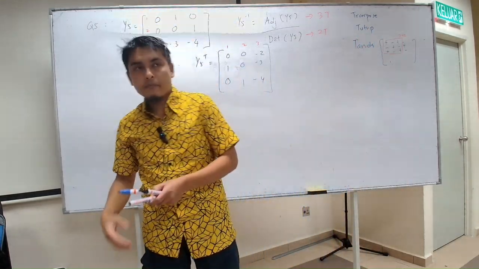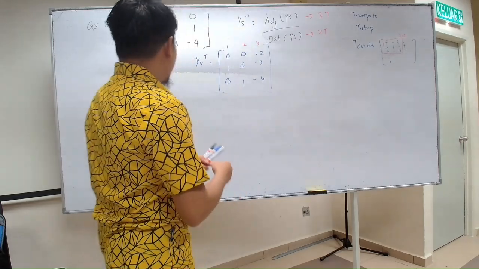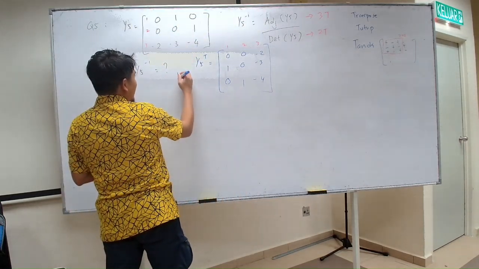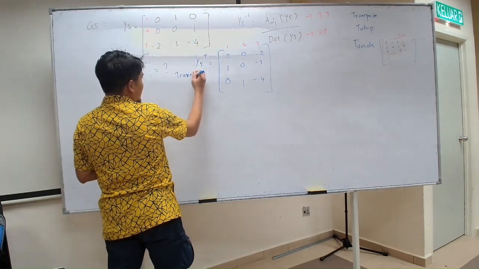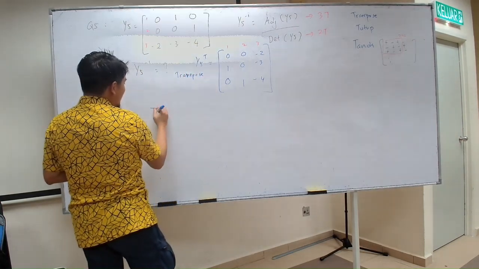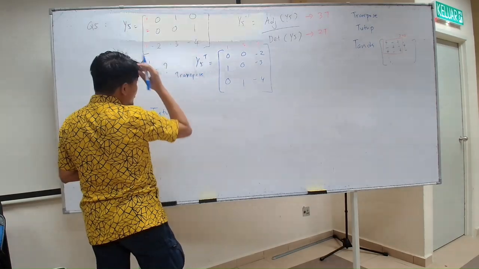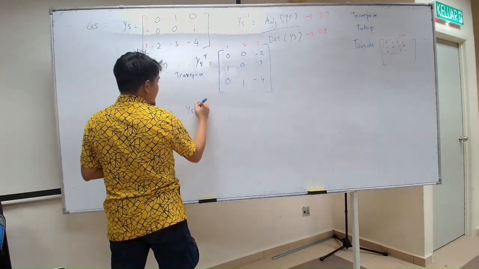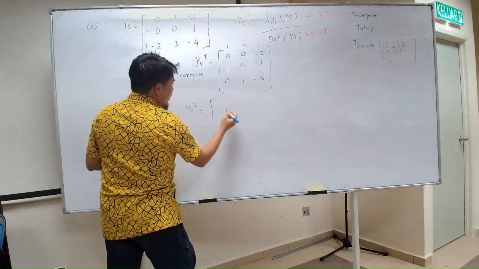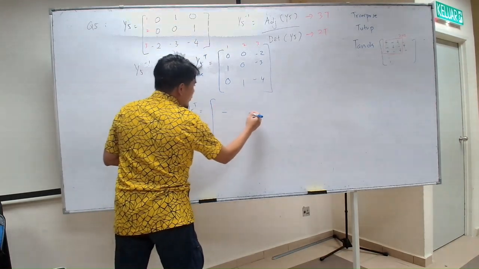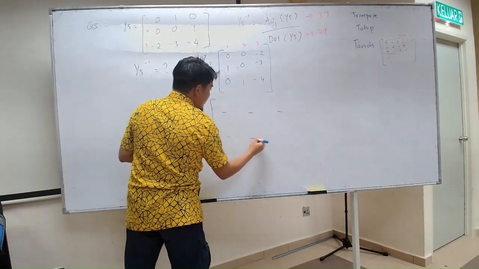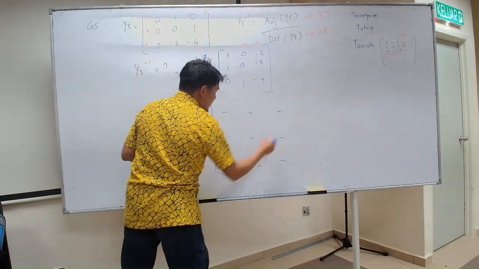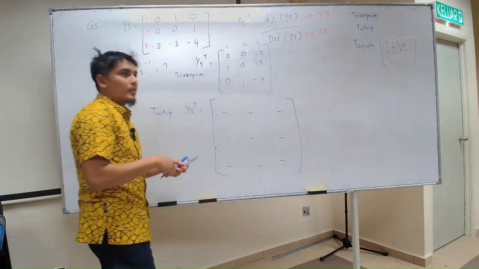Since this is a 3 by 3, the most challenging is the second part, tutup. The first is transpose, the second is tutup, which is close. We need to fill up 1, 2, 3, 4, 5, 6, 7, 8, 9 entries here.